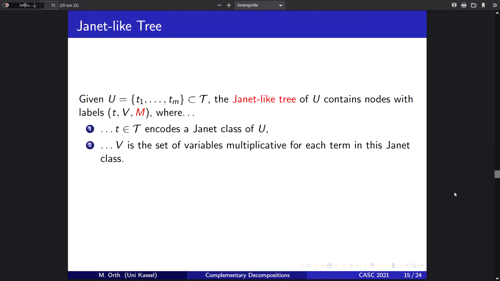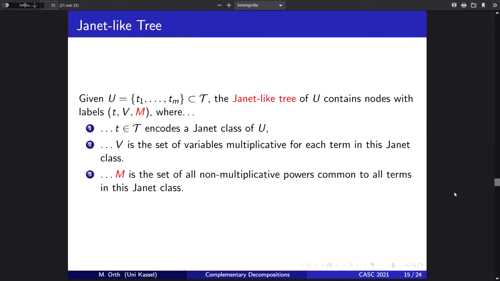Again, the nodes have the two pieces of information we already know from the Janet tree. This does not change, but an additional piece of information is written into each node. This set M is just the set of all non-multiplicative powers which are common to all terms in the Janet class belonging to the node.